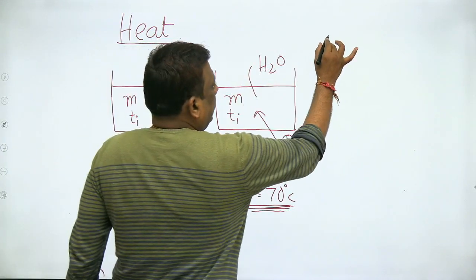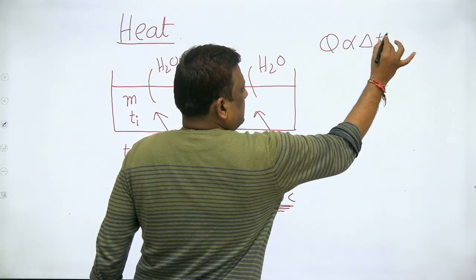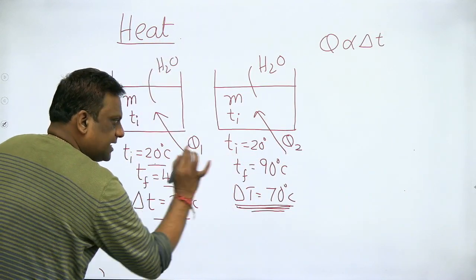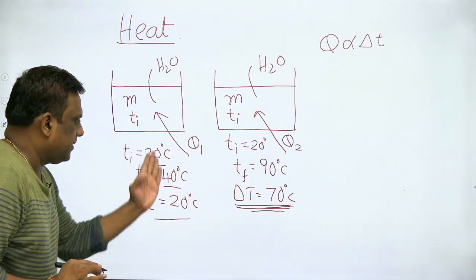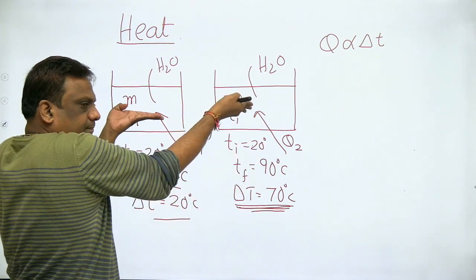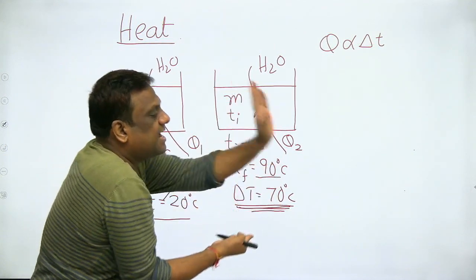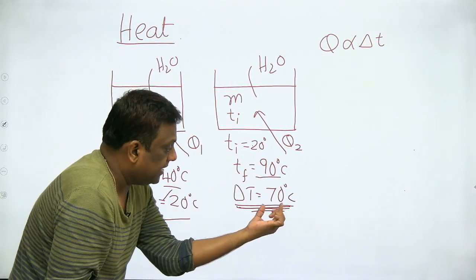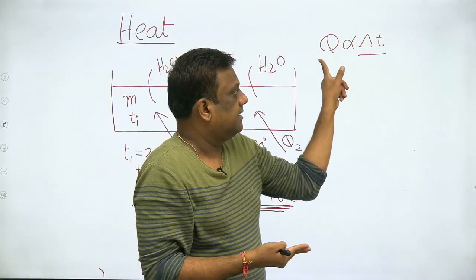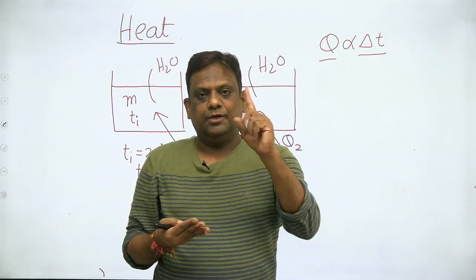This means the heat transfer is directly proportional to temperature difference. For example, this is at 20, this is at 20. Supply heat, both will reach 40. But we want not 40, but 90. So extra heat is to be supplied because I want an extra temperature difference. Greater the temperature difference, greater is the heat transfer. That is the first point to be noted.